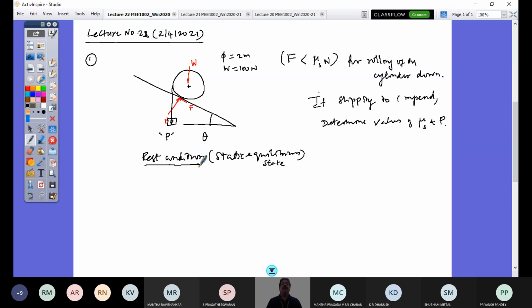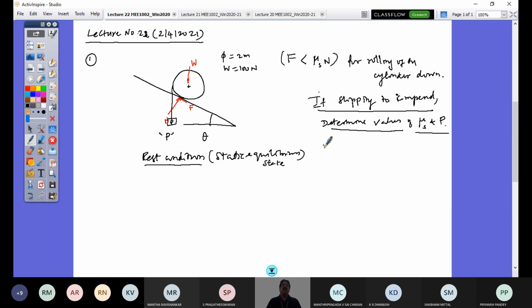Now I have to disturb the static equilibrium state and it has to roll. That is what an impending state is. If slipping is to impend, right? Determine the values of μs and P. That's the question.